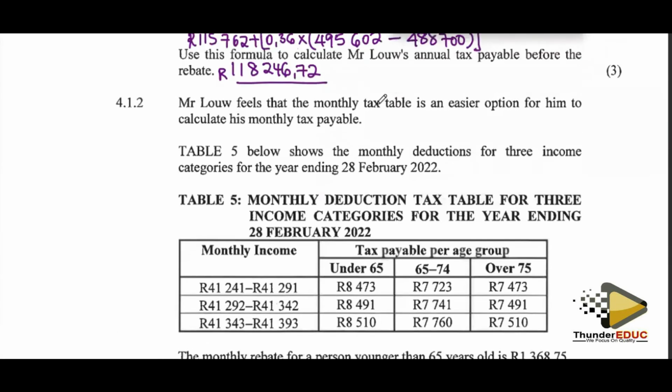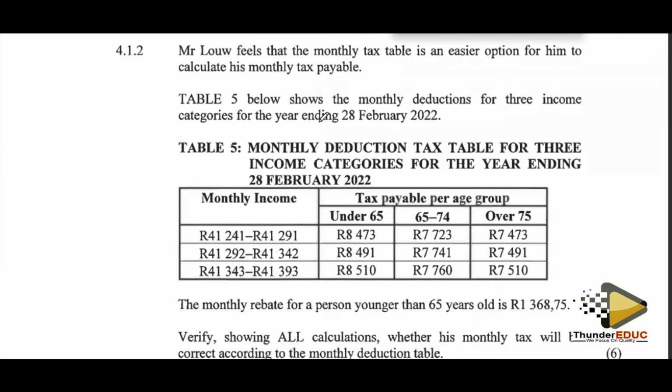Joanna feels that the monthly table is an easier option for him to calculate the monthly tax payable. Table 5 below shows the monthly deductions for the three income categories for the year ending 2020. Remember, these are monthly tax deductions.